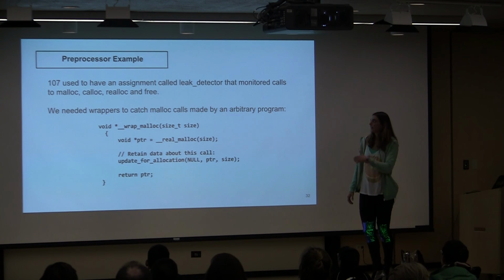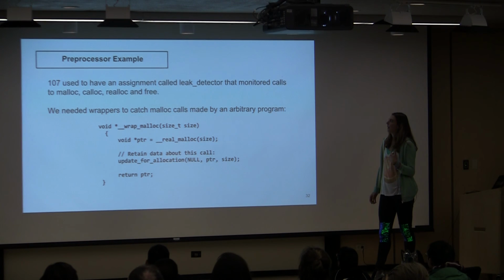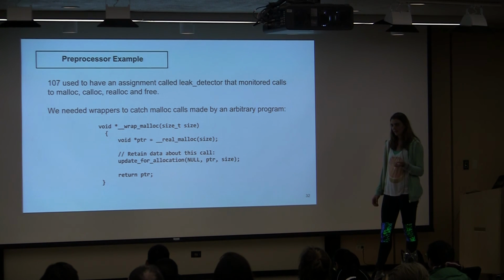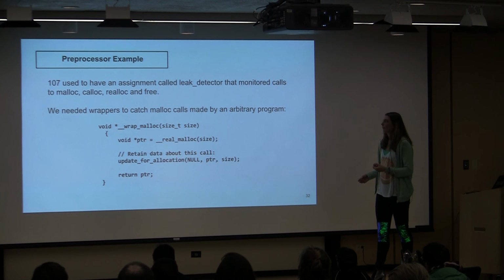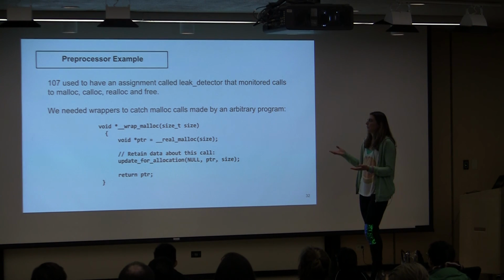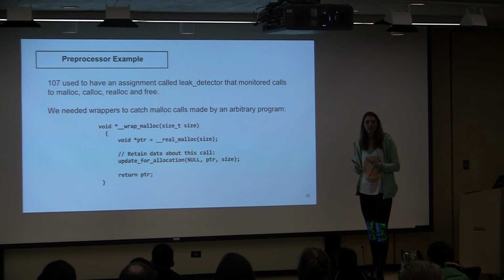So last spring, part of an assignment we had was to detect leaks. So when code called malloc and then didn't free it, this was supposed to keep tabs on that and let the client know that they had called malloc or realloc and not freed that data.